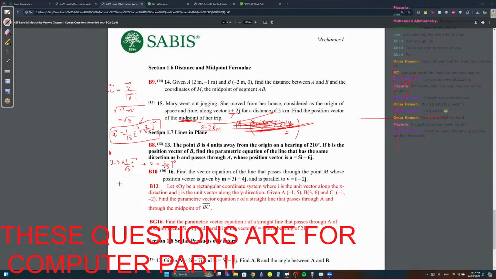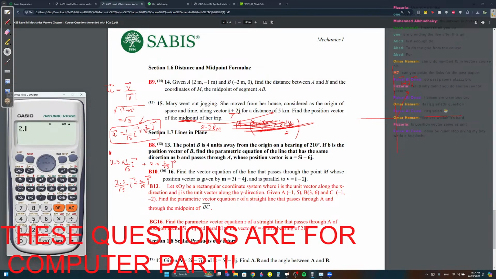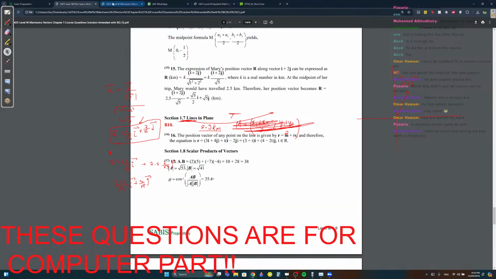2.5 times 1 over radical 5 will be 2.5 over radical 5 I, and then plus 5 over radical 5 j. And then if you put this in a calculator, I think you have to rationalize it. Just put it in a calculator. 2.5 over radical 5, is that correct?